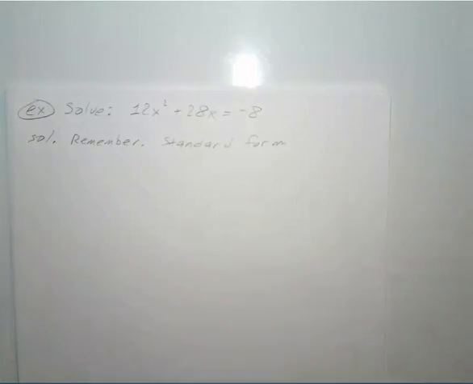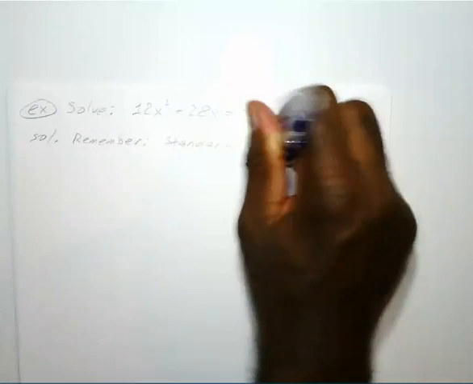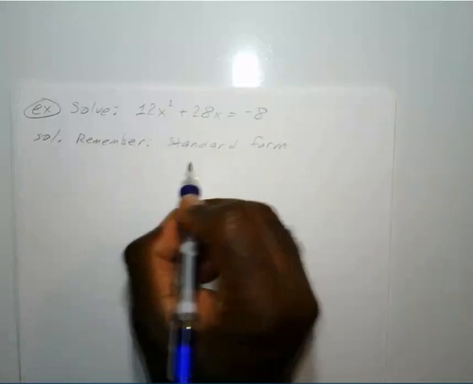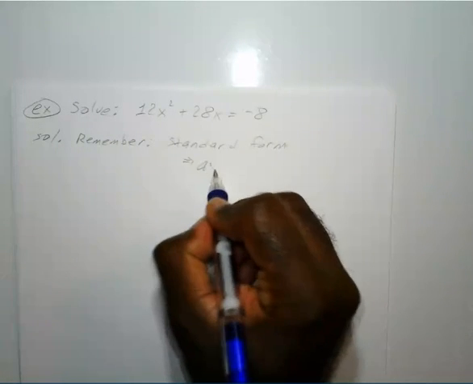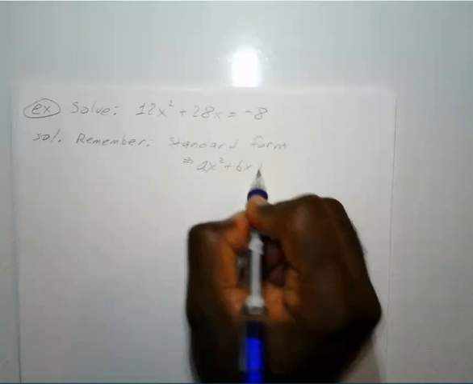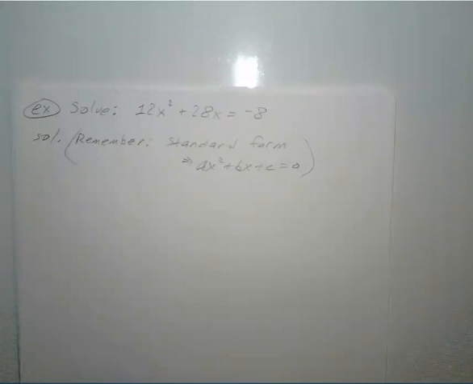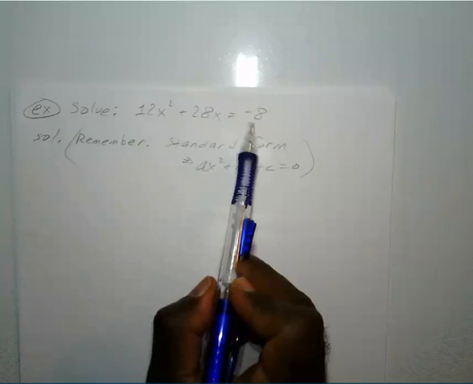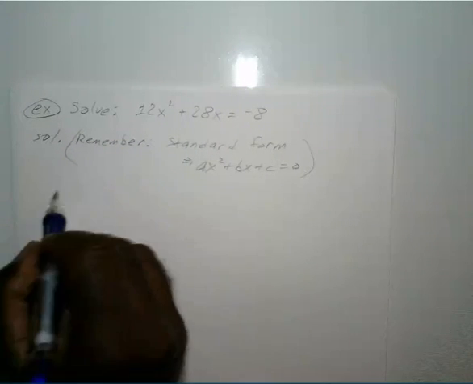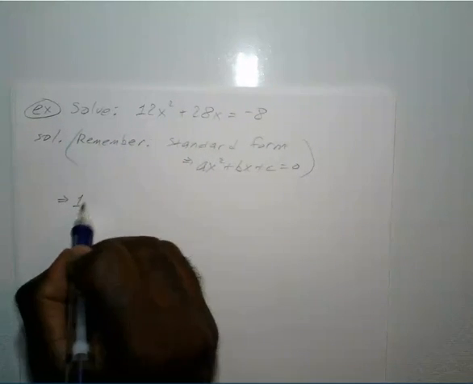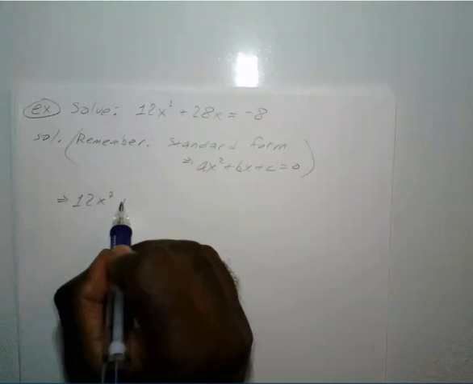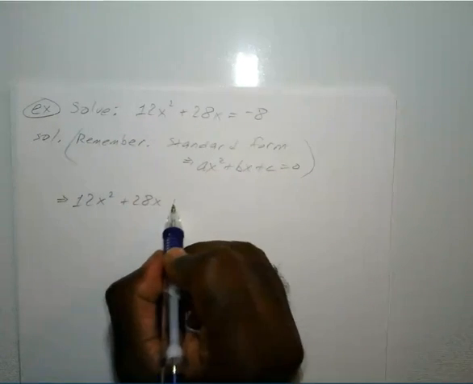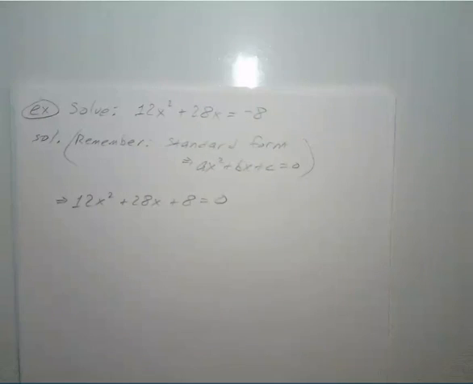Standard form of a quadratic equation is ax squared plus bx plus c equals 0. Okay, so really all we have to do here is just add 8 to both sides. Because once you add 8 to both sides, you have 12x squared plus 28x plus 8 equals 0.